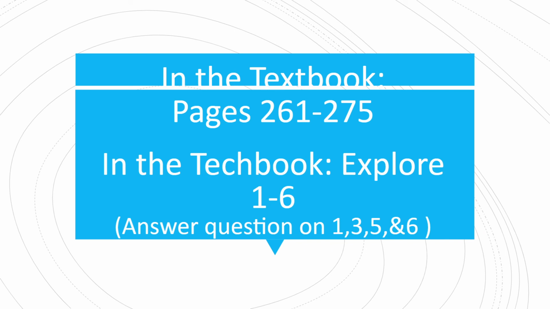Also, make sure no matter what, whether you read it in the textbook or in the online book, which is called the Tech book, you're doing sections 1 through 6 in the Tech book or pages 261 through 275 in the textbook. But no matter what, you have to go back to the online one and answer the questions in 1, 3, 5, and 6, okay?